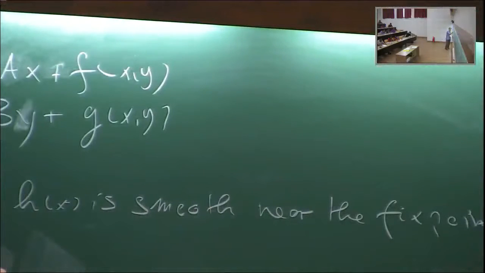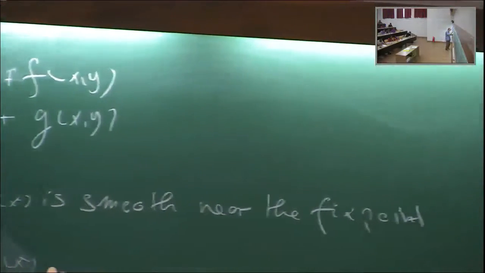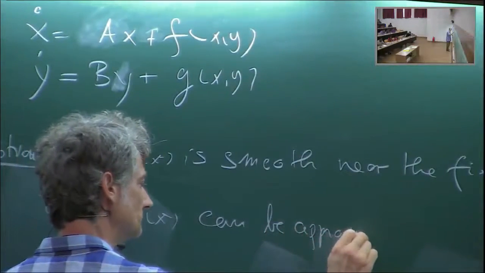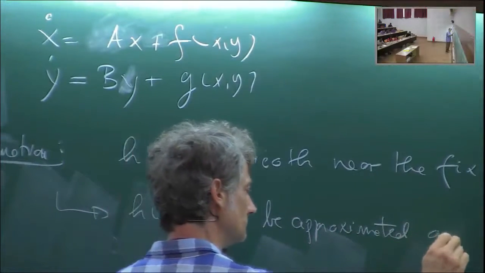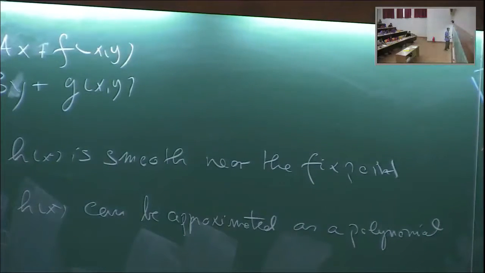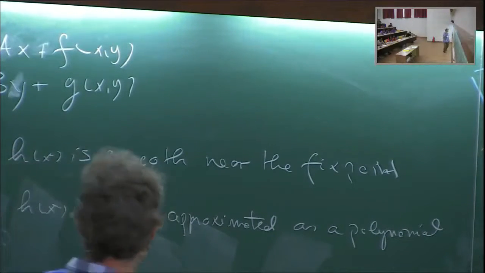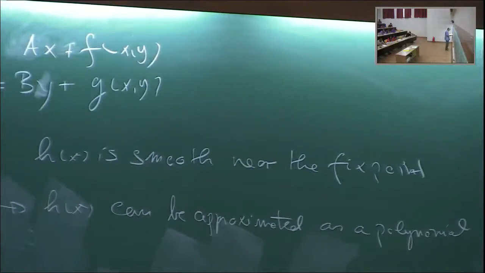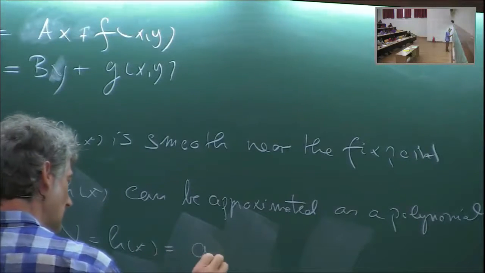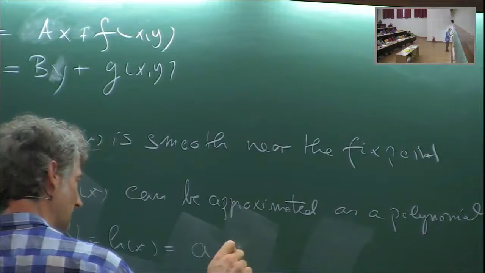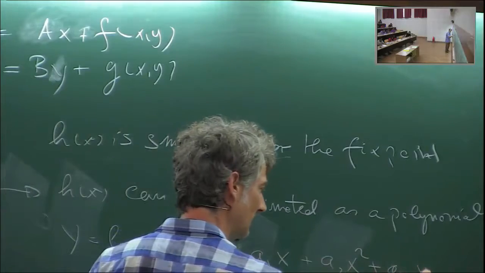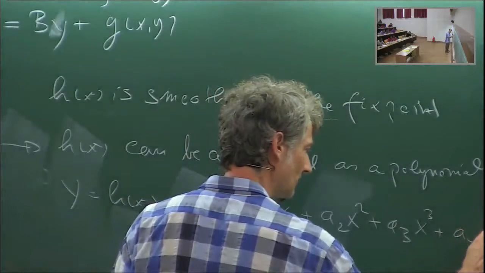So that means we can approximate h of x locally as a polynomial. So what we want is our h as a naught plus a1 x plus a2 x squared plus a3 x cubed and so forth.